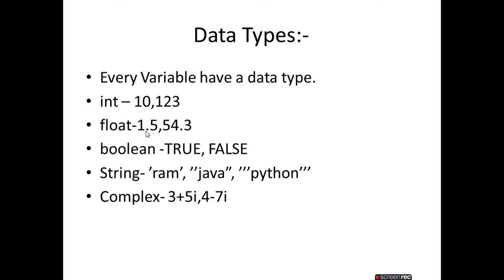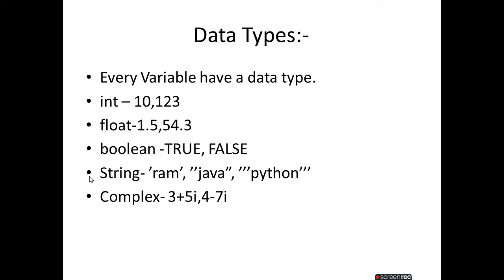Float, like 1.5 or 54.3, which has a decimal point, the data type is float. Now the boolean data type, we write as bool: true or false. If you write true or false, it is a boolean value, obviously the data type is bool.